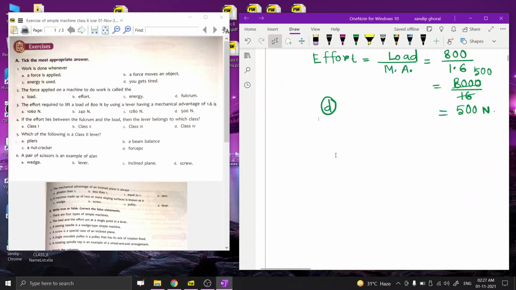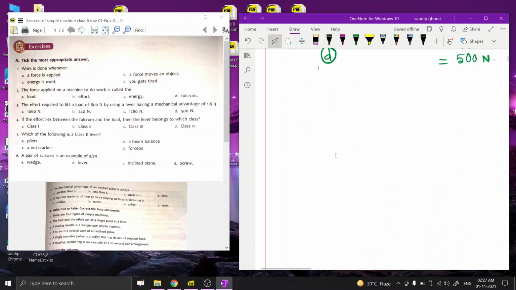Okay, and we move to question number 4. The question is: if the effort lies between the fulcrum and the load, then the lever belongs to which class? Okay, so if effort lies between fulcrum and load, then effort arm is less than the load arm.